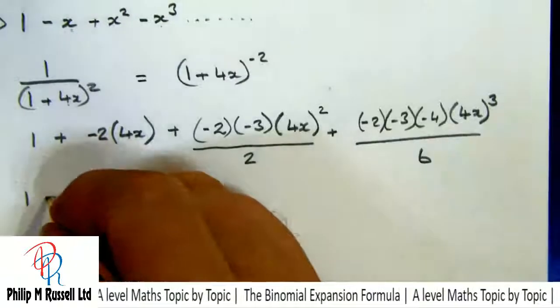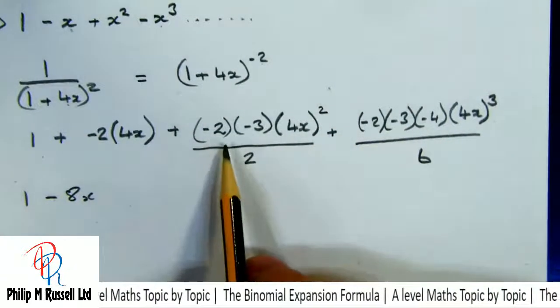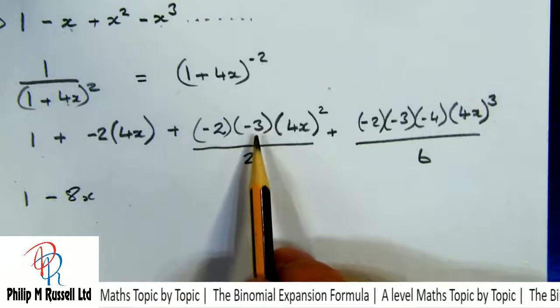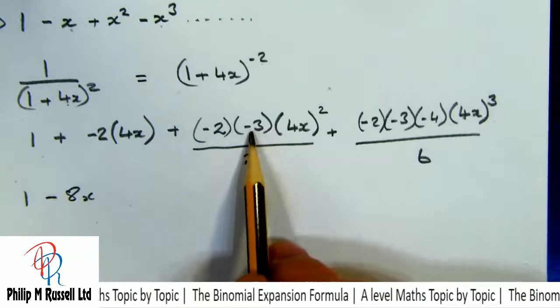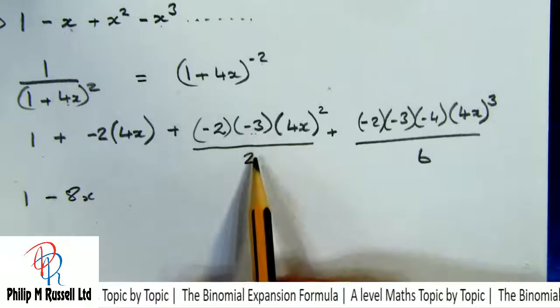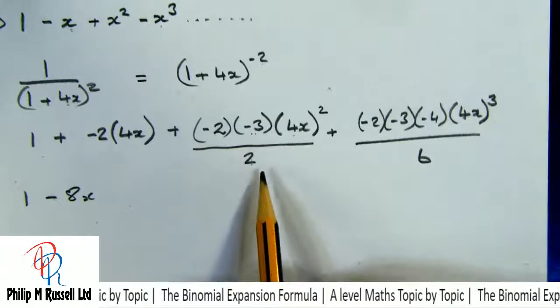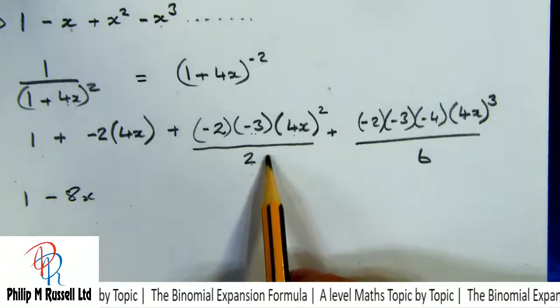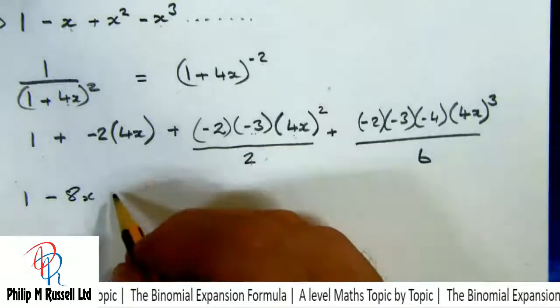So minus 8x. Minus 2 times minus 3 is going to give us minus 6. Take away the minus is going to give me plus 6. So plus 6 divided by 2 is going to give me 3. 3 fours are going to give me 12. 12 fours are 48.